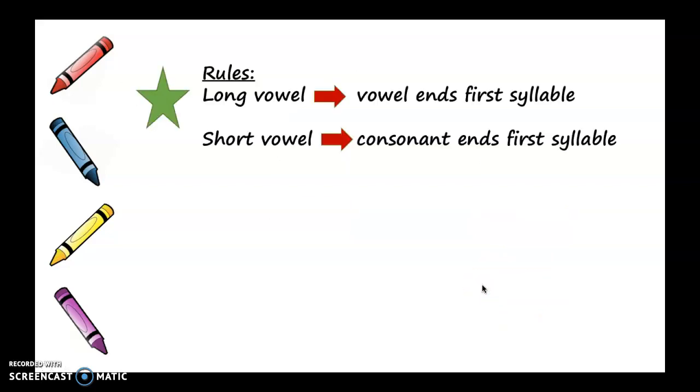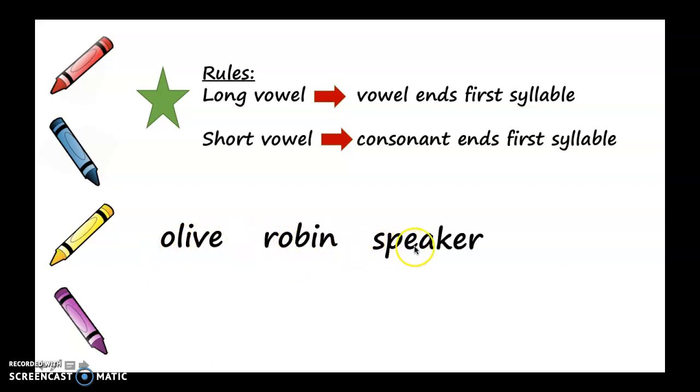All right, remember these rules? Here we go. We're going to practice with the words olive, robin, speaker, and tiger.